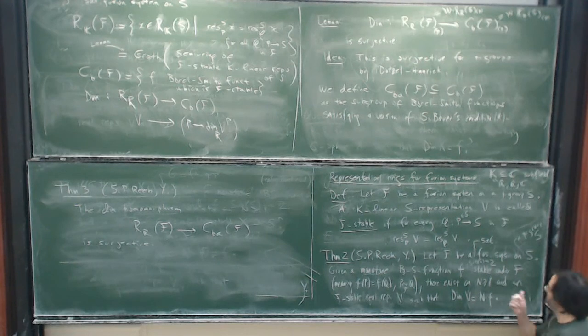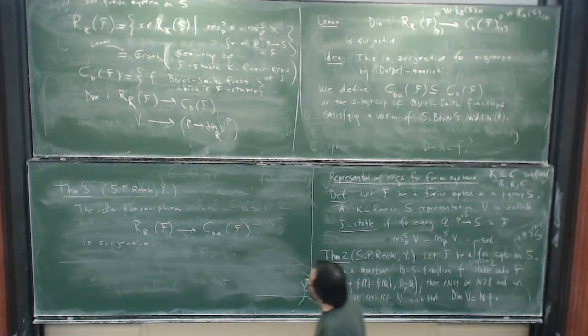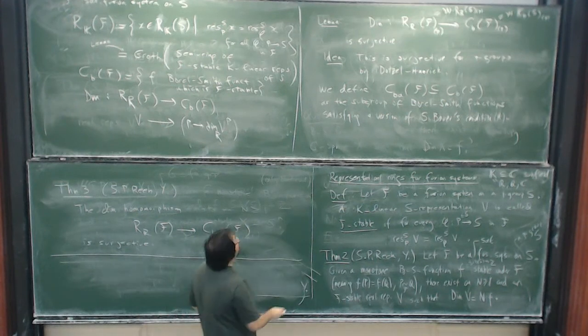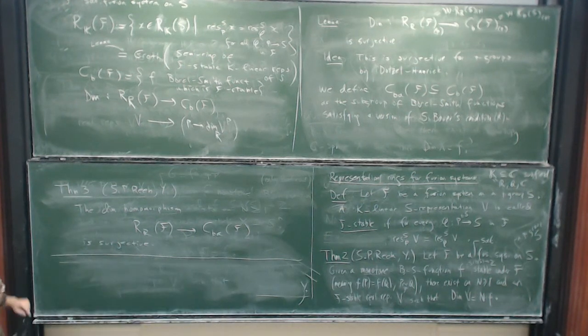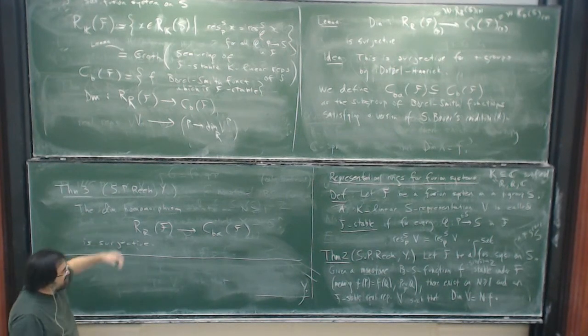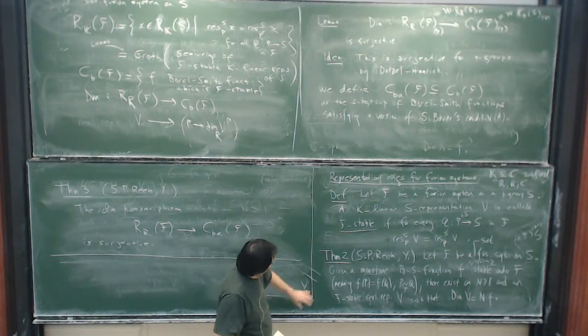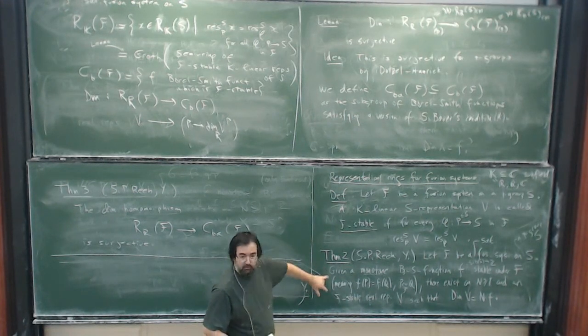Now, let me finish what we do. I stated 3 theorems. One of them I just erased. The theorem I erased was about finite CW complexes homotopy equivalent to a sphere, and it only needed Theorem 2.